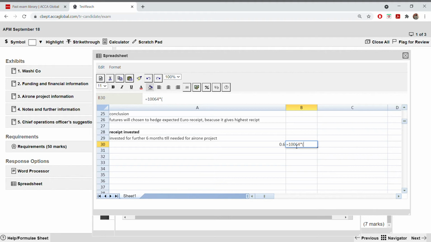$10,064. Obviously it's in millions, or you can put the whole number also, but then later you have to drop down the zeros. That's why I'm just putting 10,064 multiplied by 1 plus 0.6.